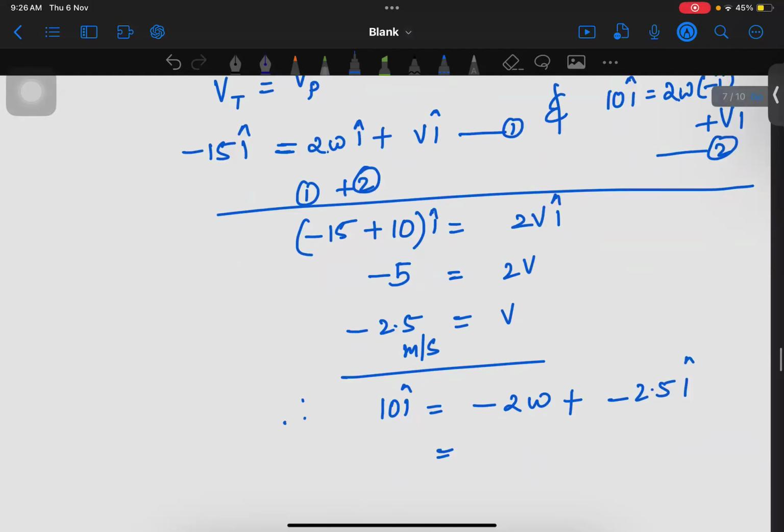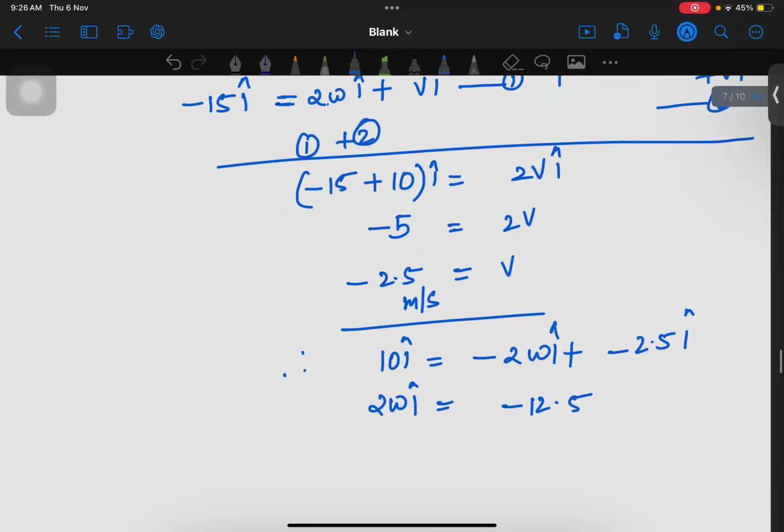And shifting the terms, we get 2 omega as equal to minus 12.5, which means that omega is minus, comparing the coefficients of i, this is 6.25. Fine. Units are radians per second.